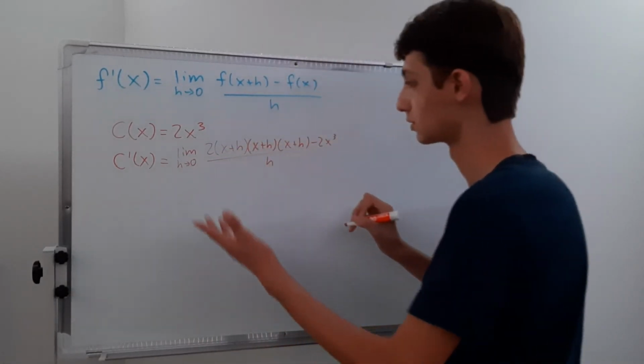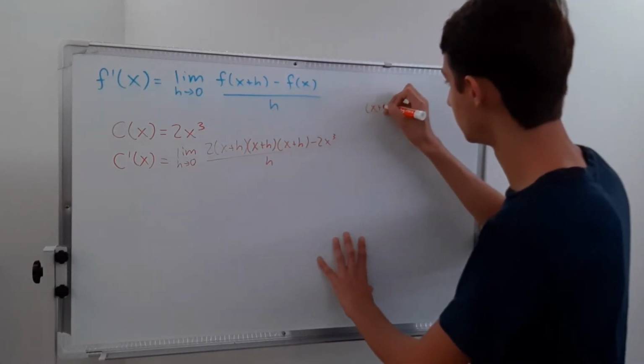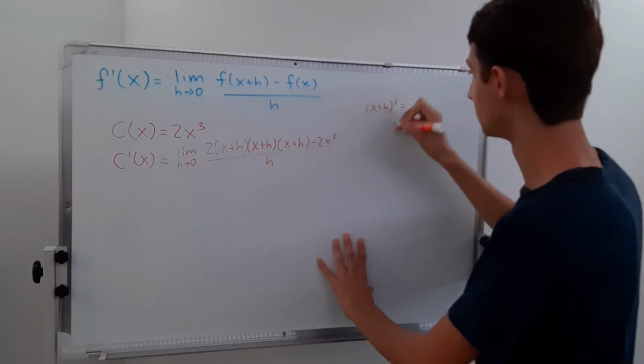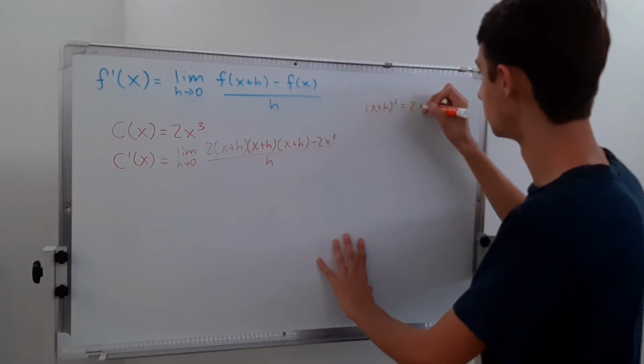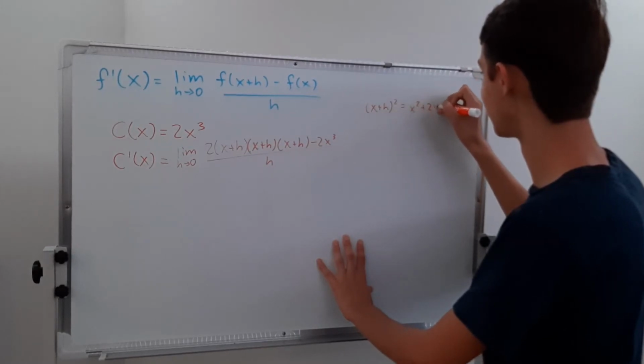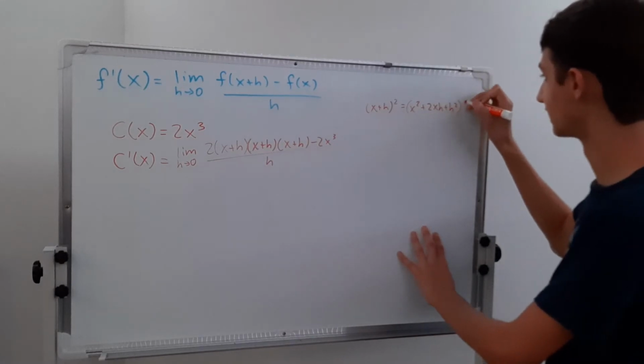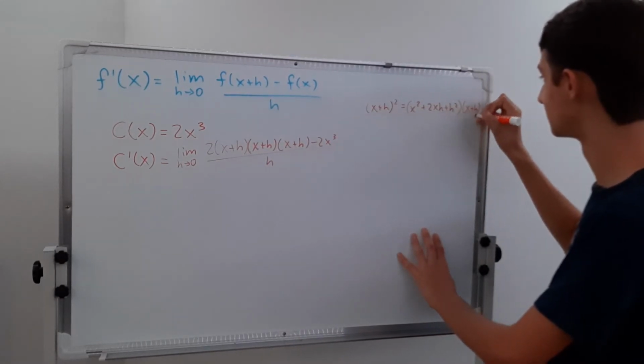Now I'm just going to do x plus h to the side because it's kind of weird. So x plus h squared, that's pretty easy. It's just x squared plus 2xh plus h squared. And we are just getting this times x plus h.